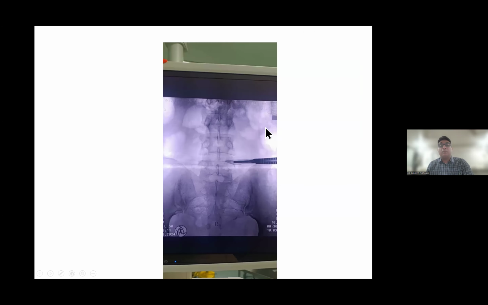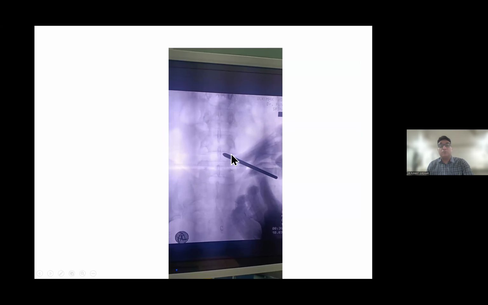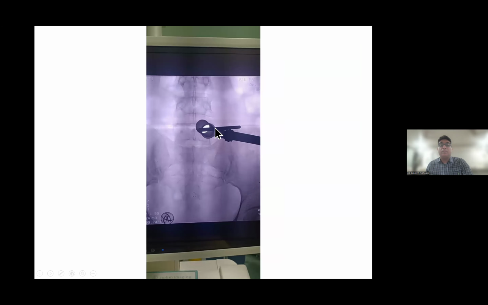So first of all, we marked our incision. Sorry, these X-ray pictures are representative pictures of another patient because I couldn't find the same picture for the same patient. So getting in your initial dilator through the 1.5 centimeter from the midline incision, we get our serial dilators and the tube in place.